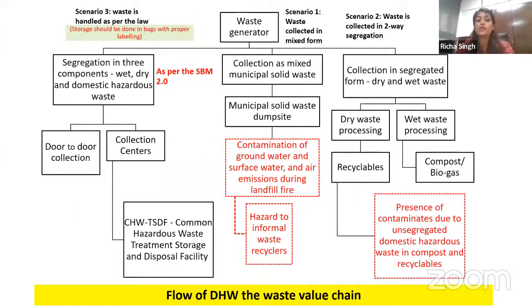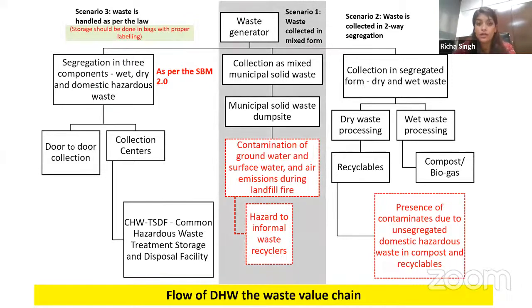So if we talk about the flow of domestic hazardous waste in the waste value chain, we have created 3 scenarios. The most commonly adopted one is scenario 1, where the ULBs collect the waste in mixed form, where every fraction of the waste is combined together and collected together, and then it reaches the dump sites.